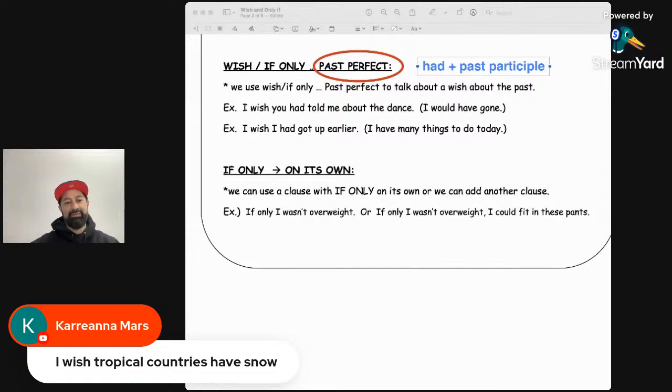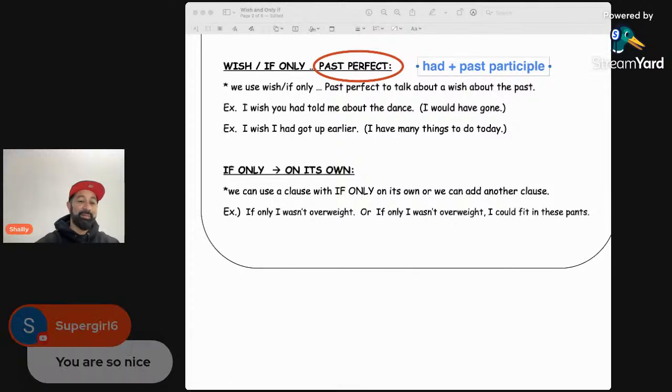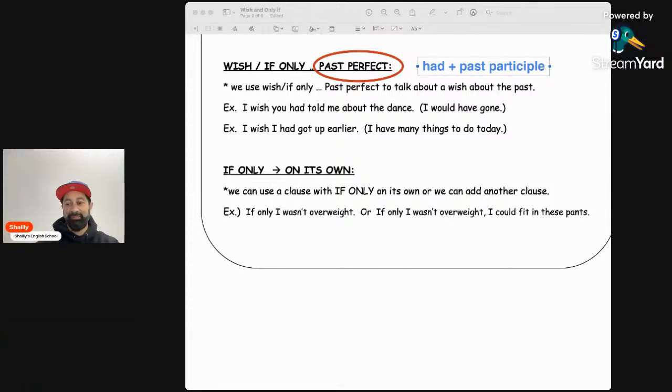But when I lived in Los Angeles, of course, there is no snow. They have no winter, and it's amazing having no winter. But during this season, the Christmas season, I always missed snow. So great sentence, Karina, just make sure it's past tense. I wish tropical countries had snow. Thank you very much, Supergirl. But I think you are smart.